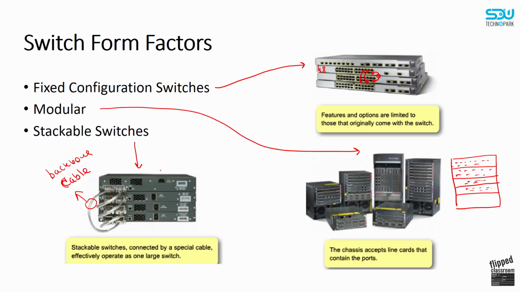On the other side, we have normal Ethernet ports, which connect to the hosts, but from the back side we have specialized backbone cables, which interconnect your switches. You connect the first to the second, the second to the third, the third to the fourth, and the fourth to the first one. You can connect your switches with the backbone cable up to 9 switches.